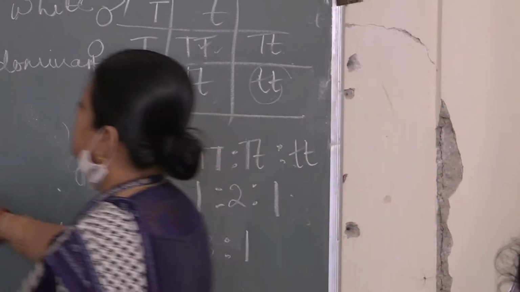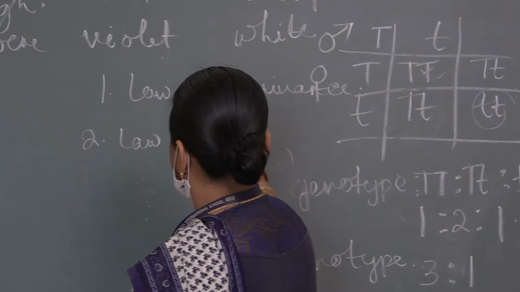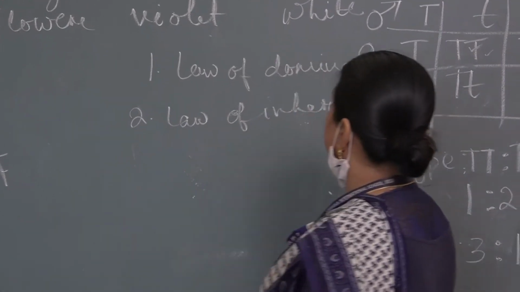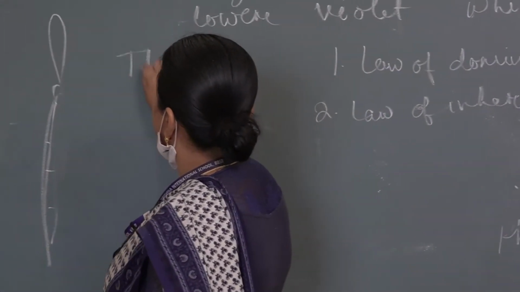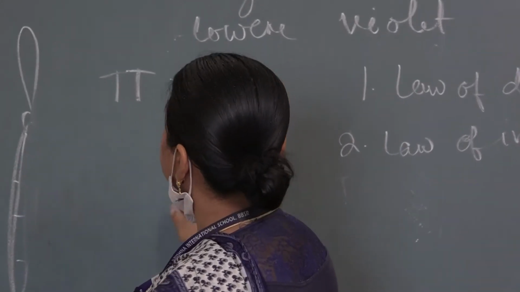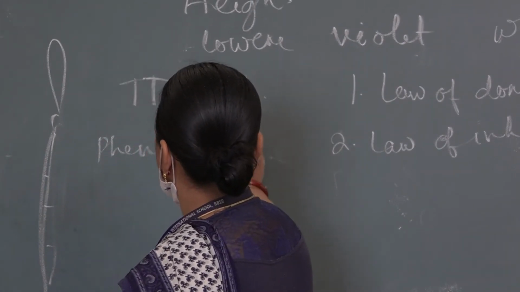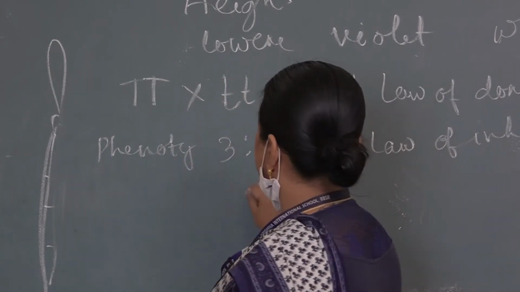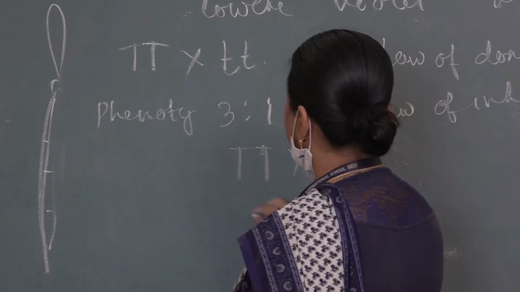Then the second law deals with the law of inheritance. So we have seen that capital T when crossed with small t, we got a phenotypic ratio of 3:1. Next, if we cross capital T capital T with capital T small t, what will be the ratio?